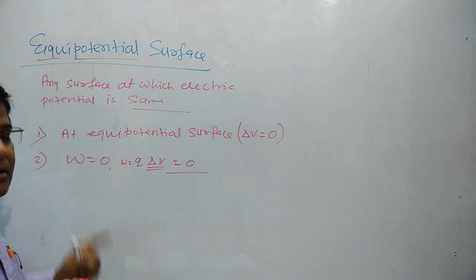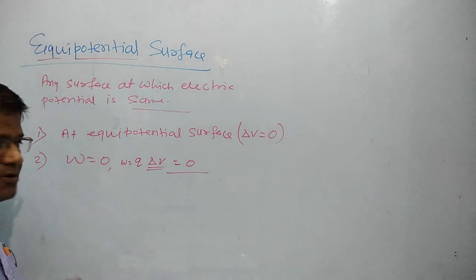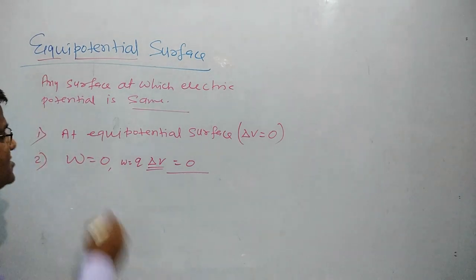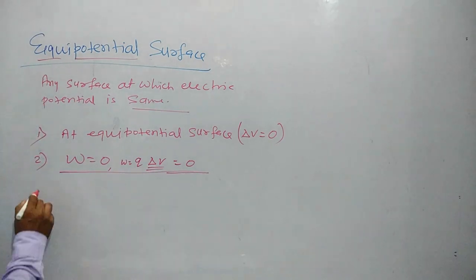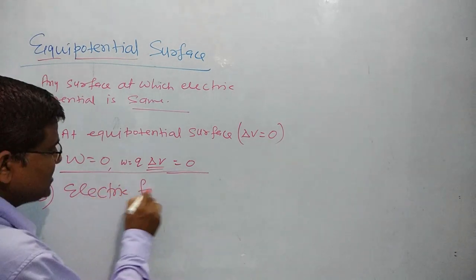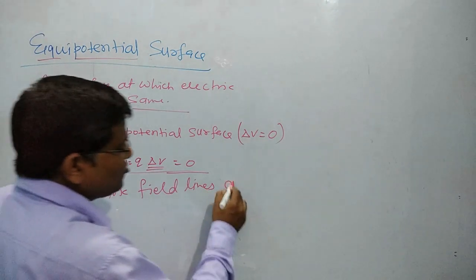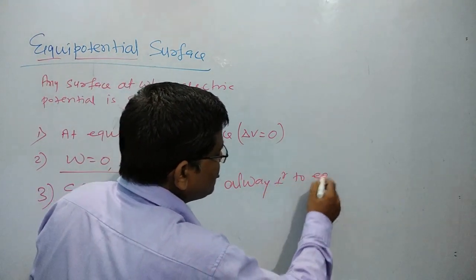And third, electric field lines are always perpendicular to the equipotential surface.